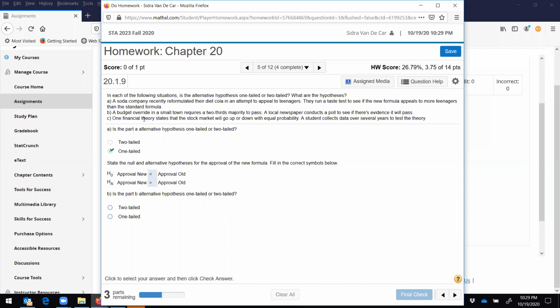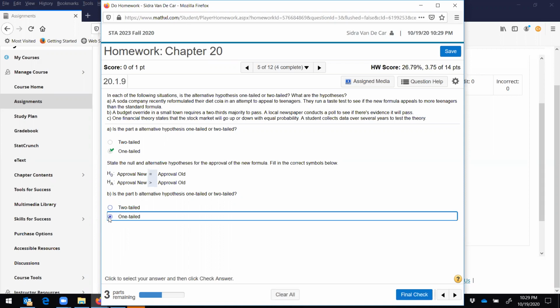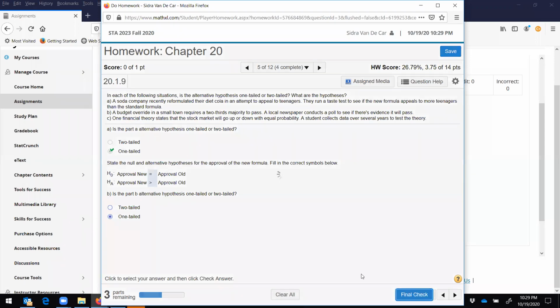All right, a budget override in a small town requires a 2/3 majority to pass. A local newspaper conducts a poll to see if there's evidence it will pass. It's got to be bigger than 2/3 to pass. So that should be one-tailed.